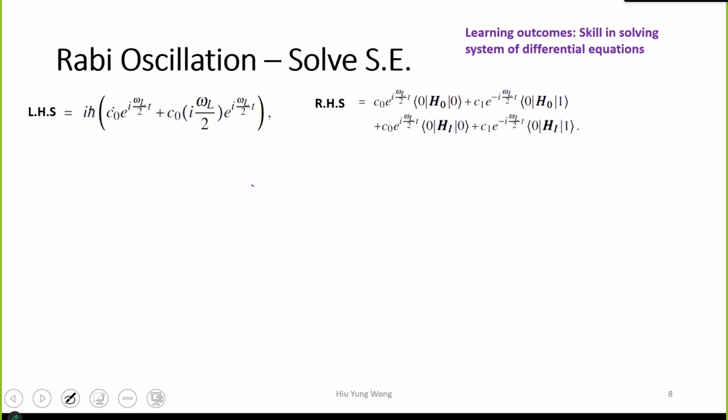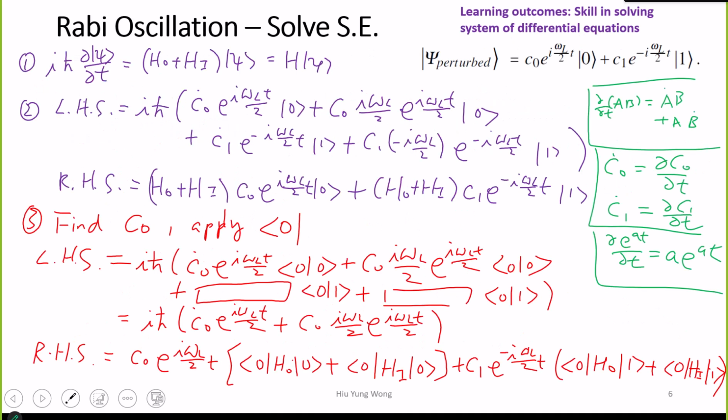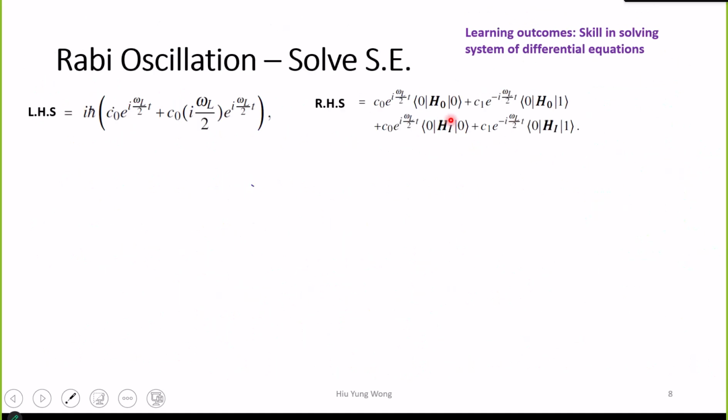Because of this, I just show you. This is the left-hand side after we do the inner product, which is this part. And this is the right-hand side, okay? So from 4 and 3, this is part 5. From 4 and 3, what is the left-hand side?